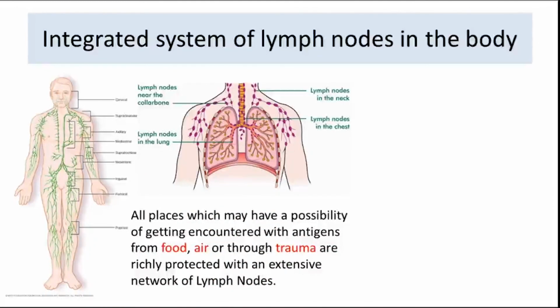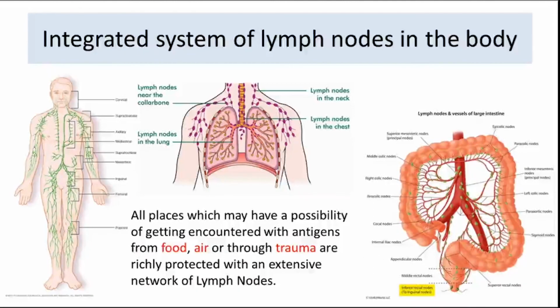You see that a massive network of lymph nodes is available in the respiratory system, and a similar extensive network is also available in our gastrointestinal tract, because these are the areas where a large possibility of antigen or pathogen encounter exists. In the GI tract it is possible because a lot of different kinds of antigens come into the body by means of food, and in the respiratory system a lot of antigens or pathogens come by means of the air. So these places are richly protected by lymph nodes.